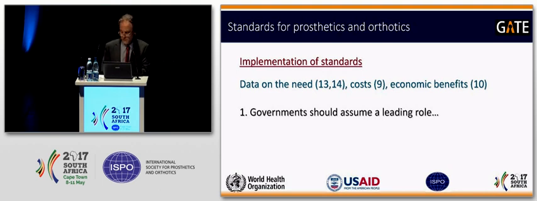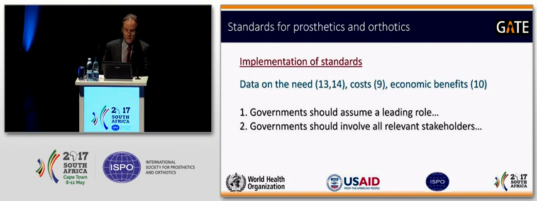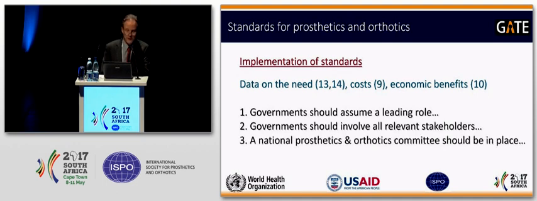And if we look at standard number 2, governments should involve all relevant stakeholders. Well, if they take on that leading role, and they are committed to the task, they could surely also involve all relevant stakeholders. This is the simplified version, as you understand now.